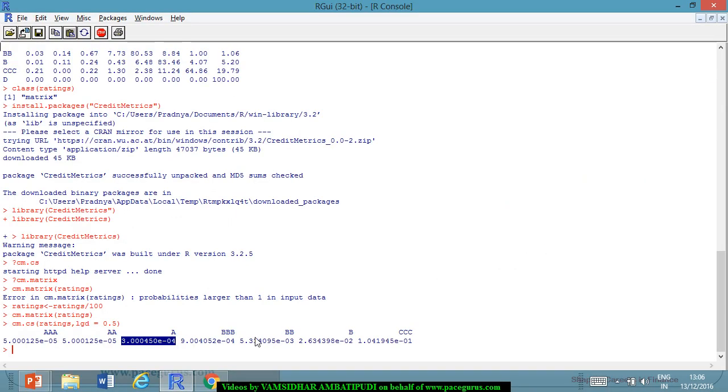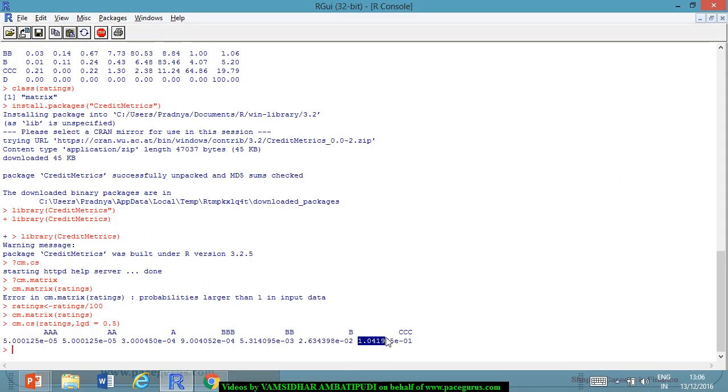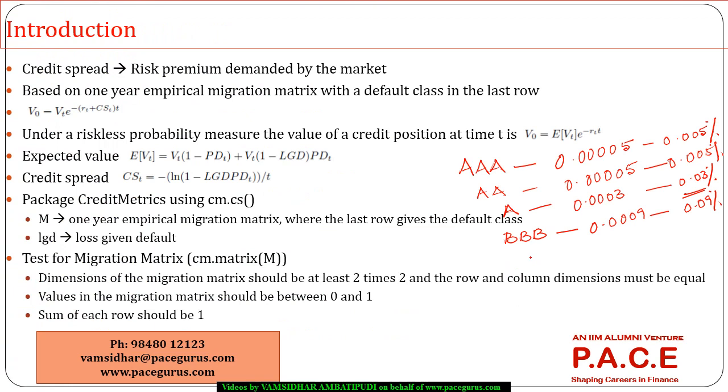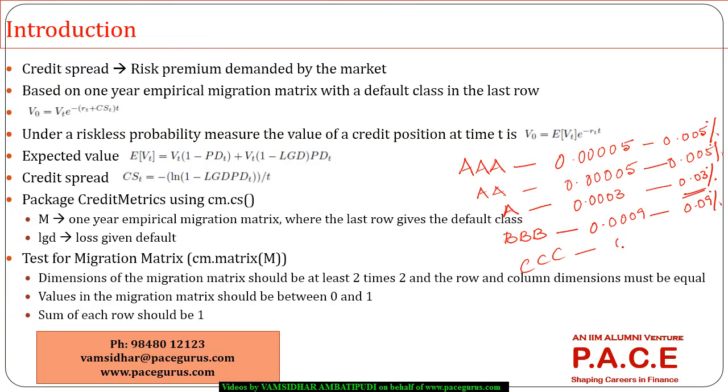For triple B, because the risk is much higher, it comes out to 9 into 10 to the power of minus 4, which works out to 0.0009 or 0.09%. Same way, if I look at triple C rated, it is 1 into 10 to the power of minus 1, which is 0.104, or 10.4% is the premium being charged for a triple C rated security.